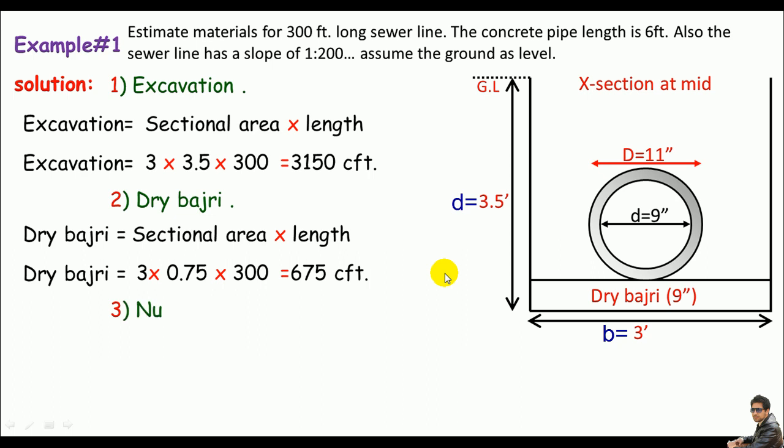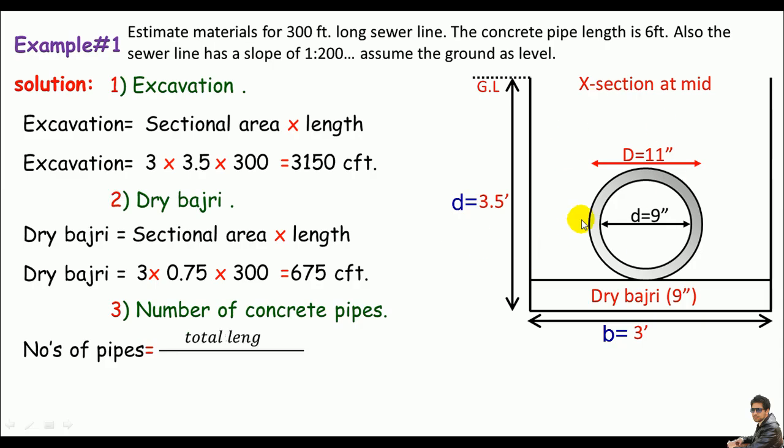Next, we need the number of pipes required for the given sewer line. The number of pipes will be the total length of the sewer line divided by the length of one sewer pipe. Plugging in, the total length is 300 feet divided by the length of one pipe, which is 6 feet, so you get 50 pipes.